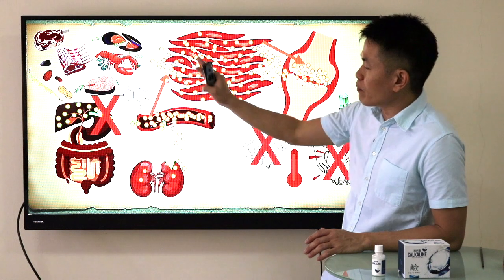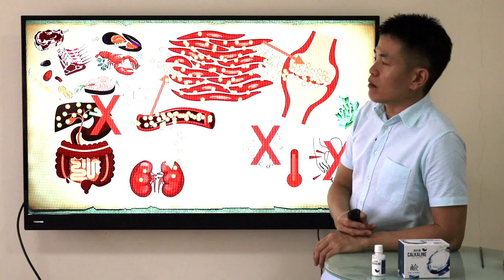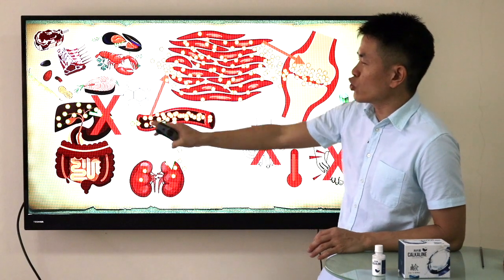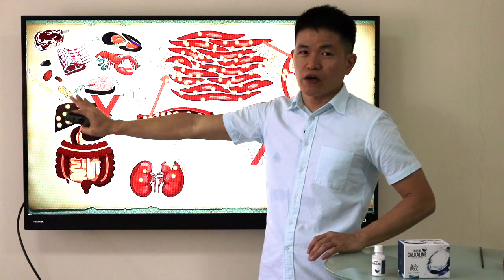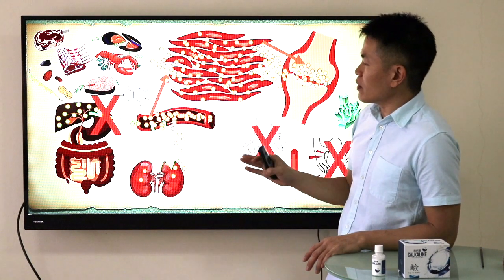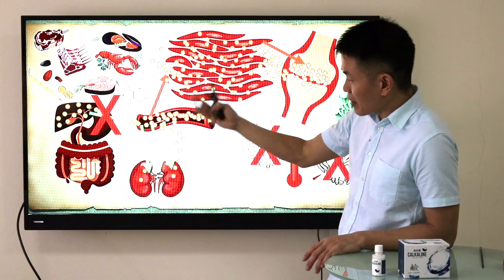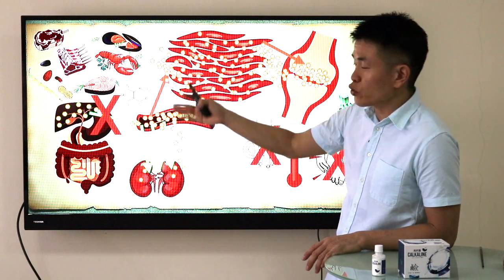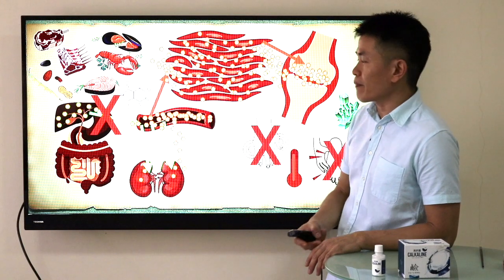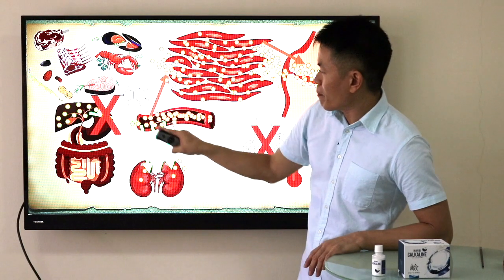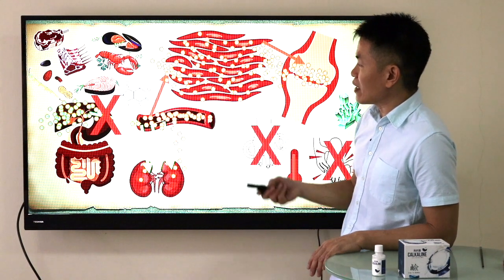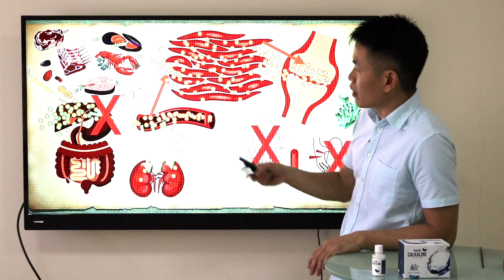At the same time, they might prescribe medicine like allopurinol or febuxostat to suppress the conversion of purine into uric acid. Another medicine is a uricosuric, which promotes urination, flushing out uric acid through the urine. So through these two mechanisms, they expect a drop of uric acid in your bloodstream.